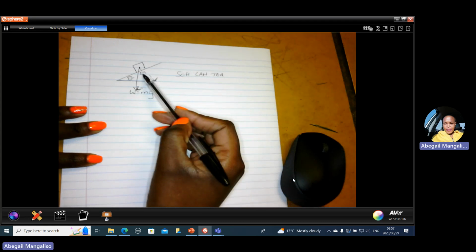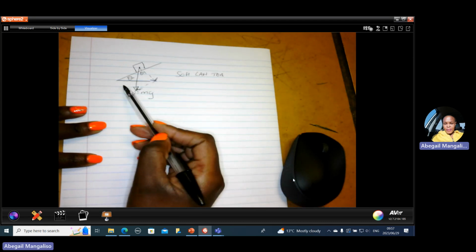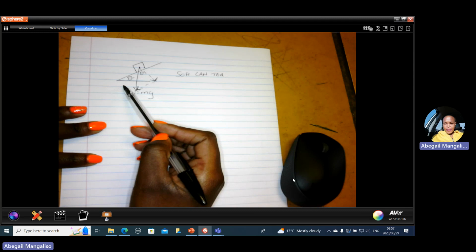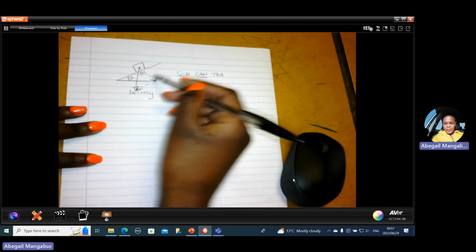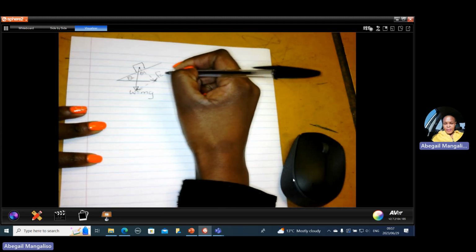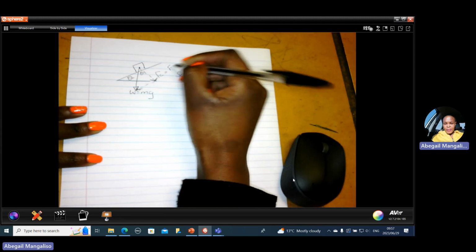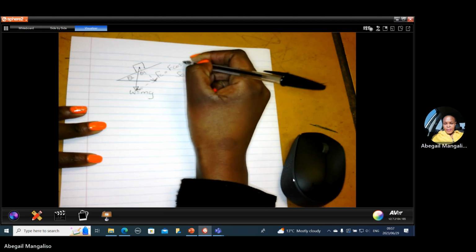When we use SOHCAHTOA, this is adjacent over hypotenuse, right? Adjacent over hypotenuse will be cos. So this component is Fc, which is equal to F cos theta.